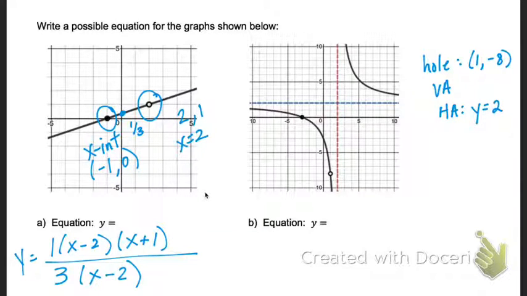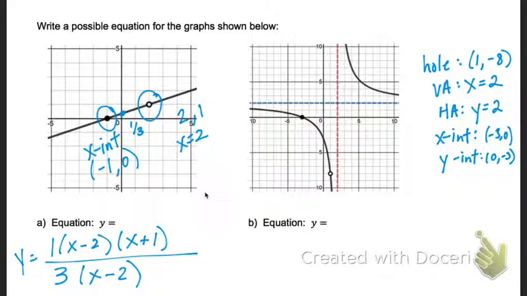So that means that the degrees have to be the same, right? What about vertical asymptote? X equals 2. And any x or y intercepts here? X intercept at -3. And then a y intercept at -3. Good.